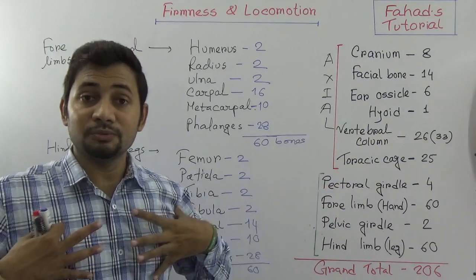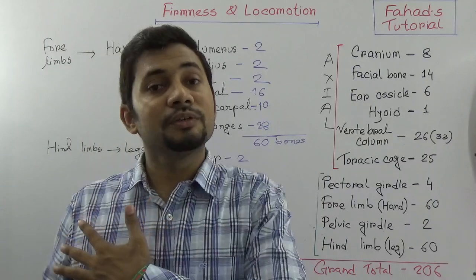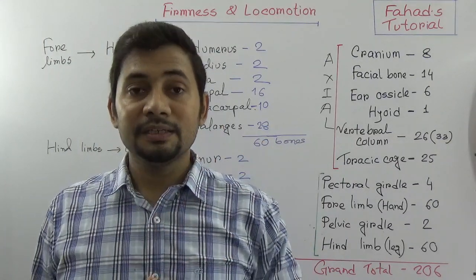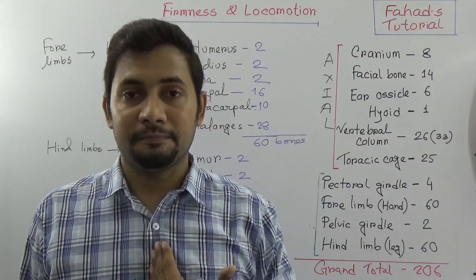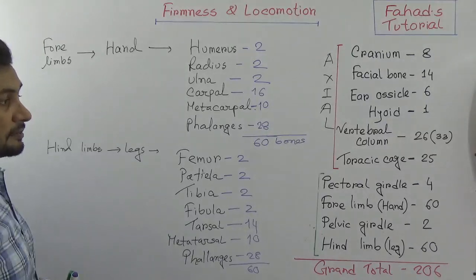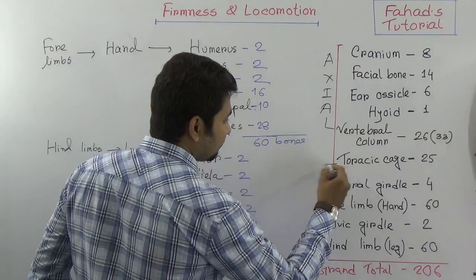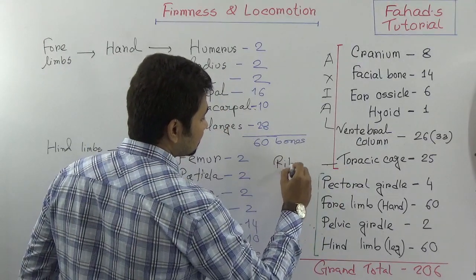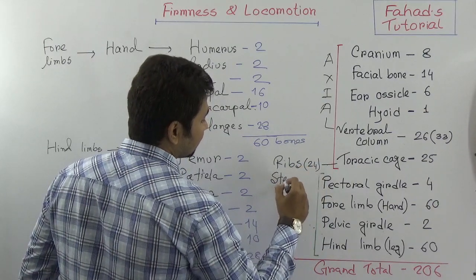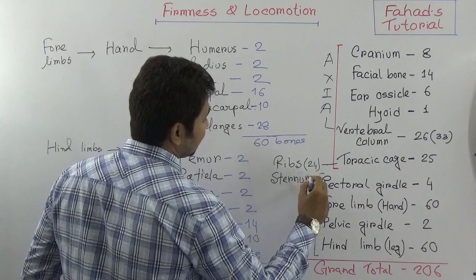And thoracic cage, we have 25 bones, that is 12 ribs right side and 12 ribs left side, and in between, in front, we have sternum. So we have ribs, 24 in total, and we have one sternum.